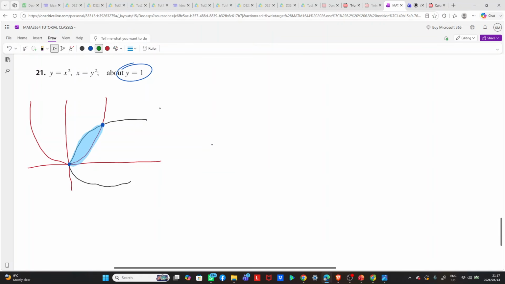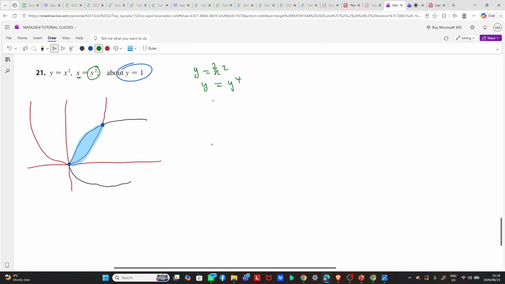So what are we going to have? We have y equals x squared and x equals y squared. Substituting y squared in the place of x, we get y equals y to the power 4.